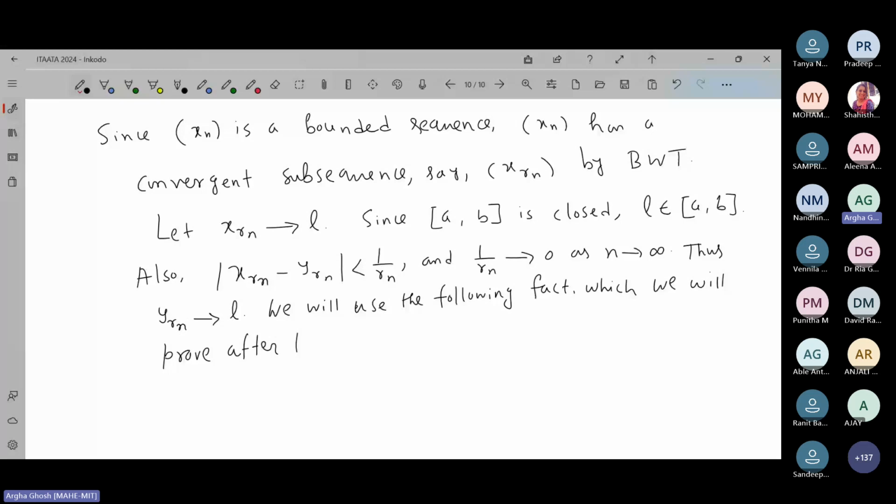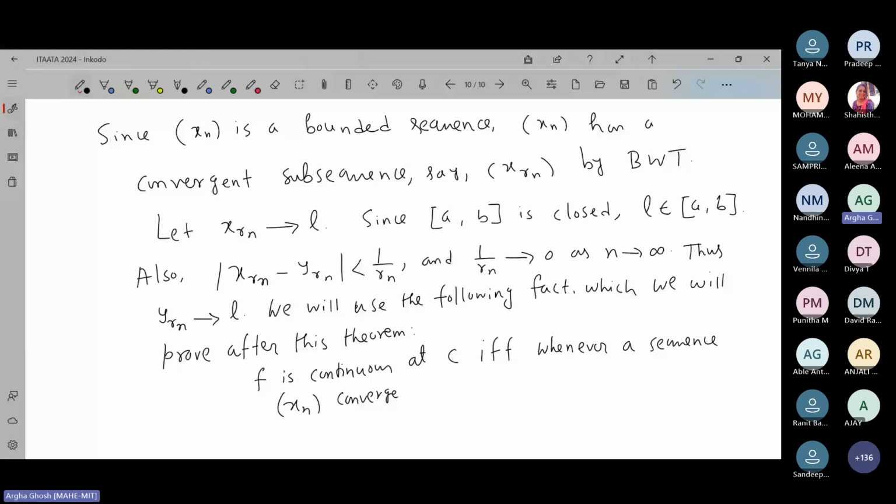What is the fact? It says that f is continuous at a point C if and only if whenever a sequence Xn converges to C, f of Xn converges to f of C. We'll use this fact.